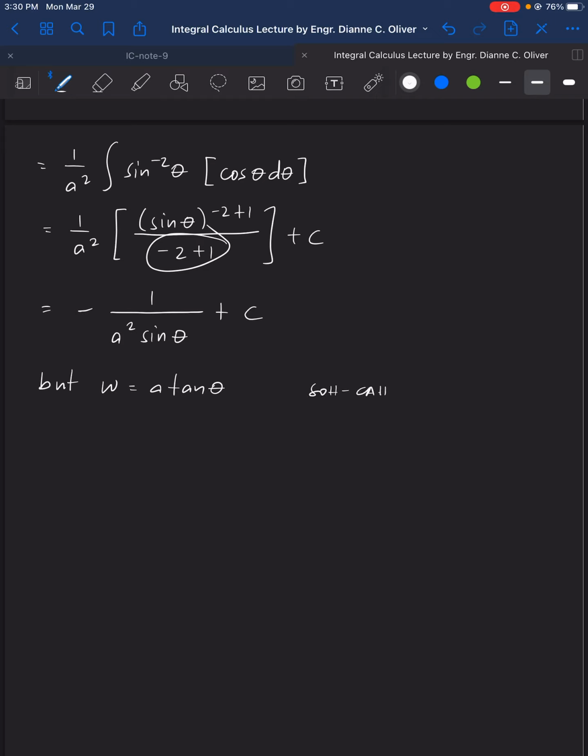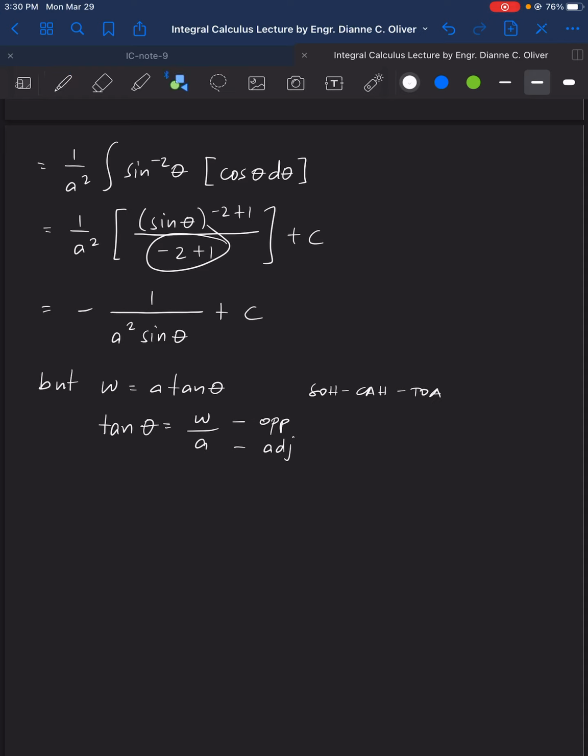Tangent theta is equal to W or omega over A, wherein tangent is TOA, so opposite. A here is the adjacent.